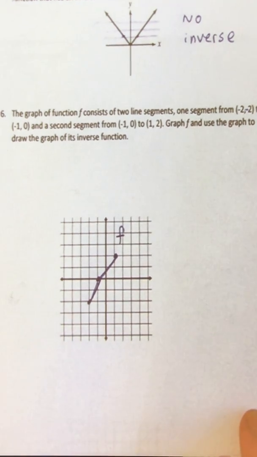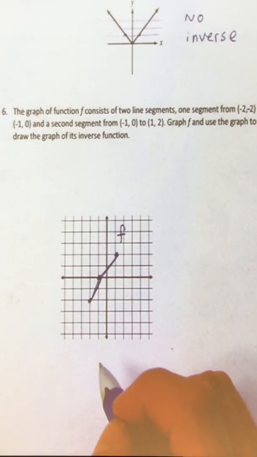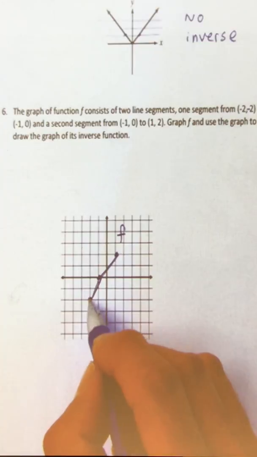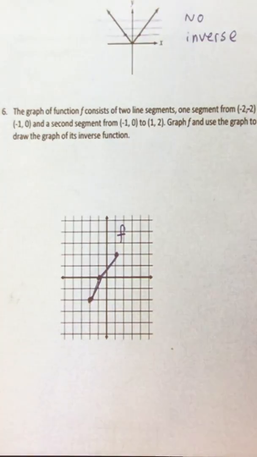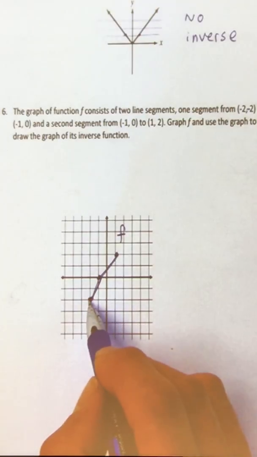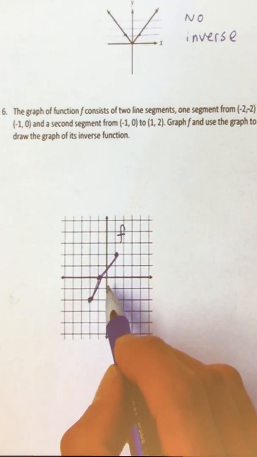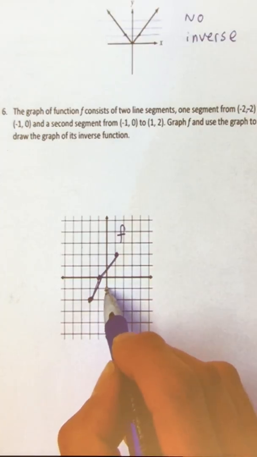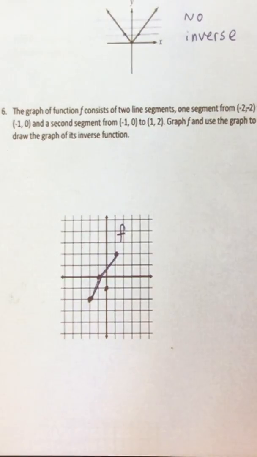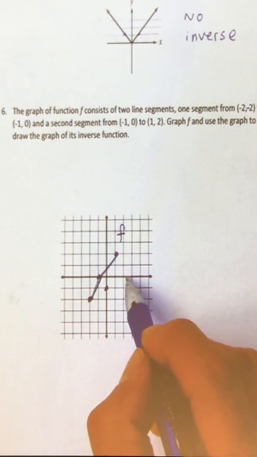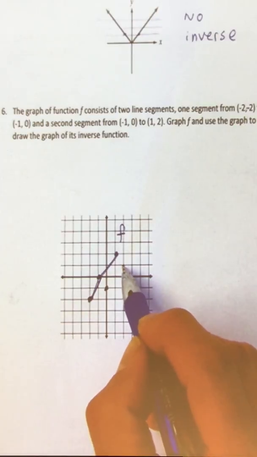To graph the inverse function, we simply interchange the x and y coordinates and plot those points. -2, -2 will result in no change. So this point is also on the graph of f inverse. -1, 0 becomes 0, -1 for its inverse function. And 1, 2 becomes 2, 1.